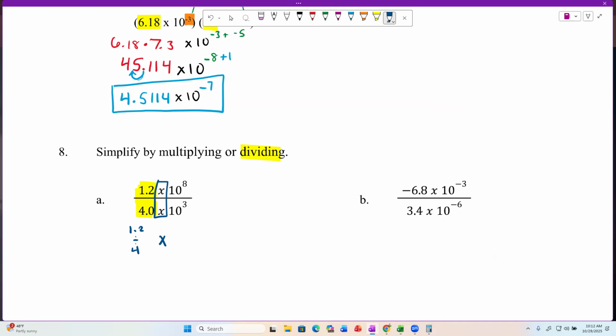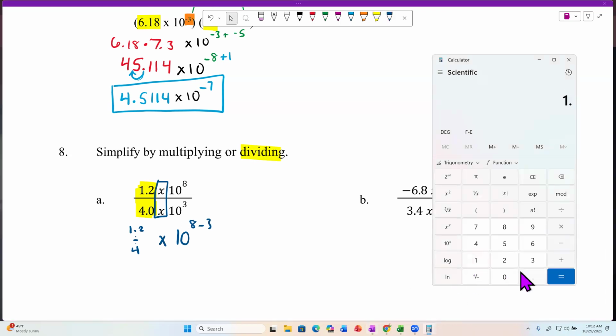And then for the powers of 10, we are going to use the quotient of powers property, which is property number 4. And that says we keep the base and subtract the exponents, top minus bottom. Okay, cool. So let's see what we get.